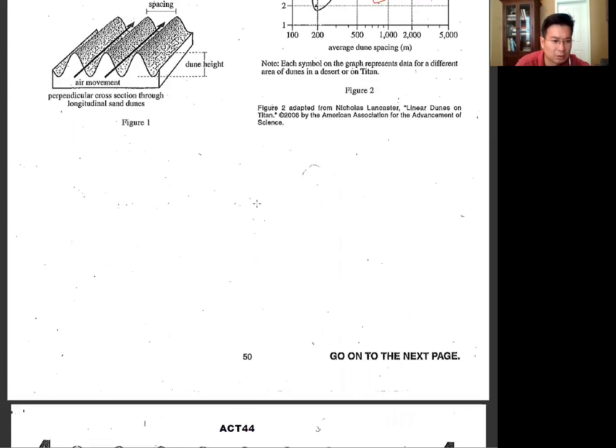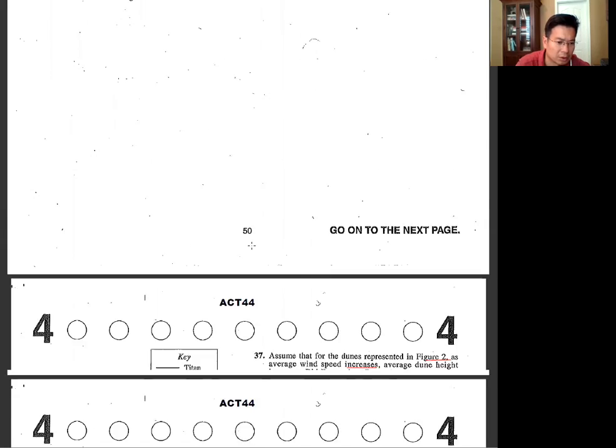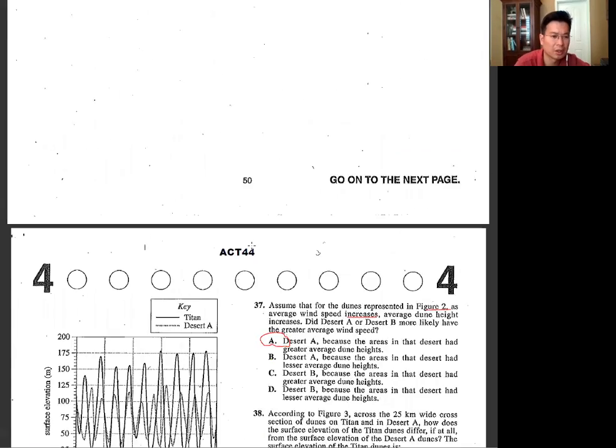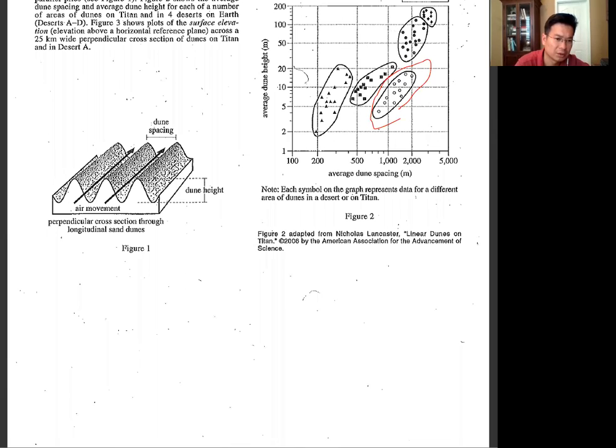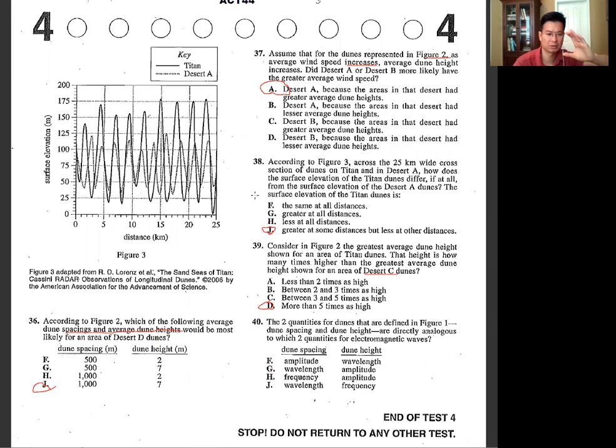Okay, so dune height and dune spacing. Dune spacing looks like going up and down, right? It looks like a sine graph or cosine graph. And dune height is just going up and down. So dune height, up and down, is amplitude.